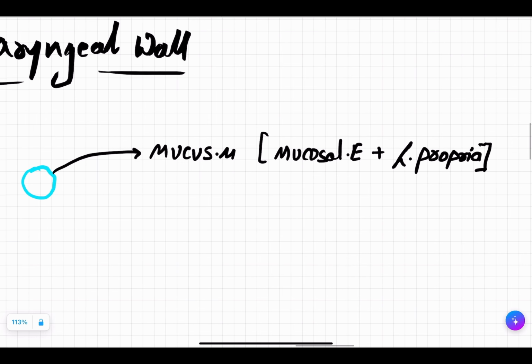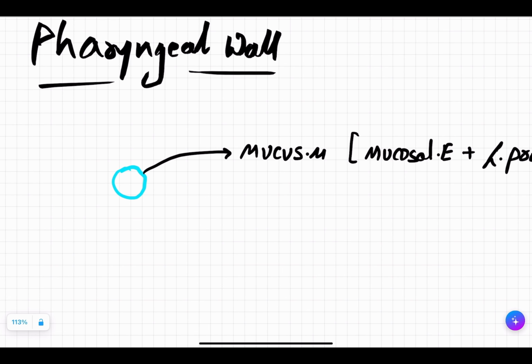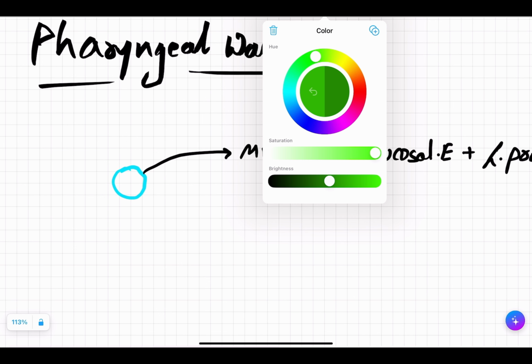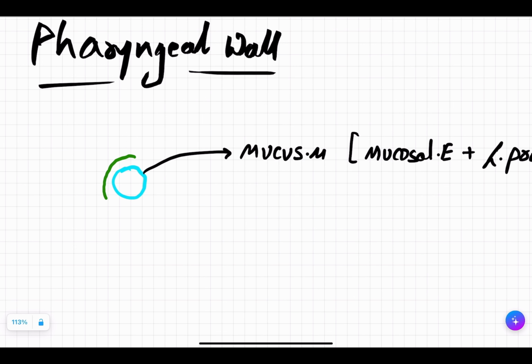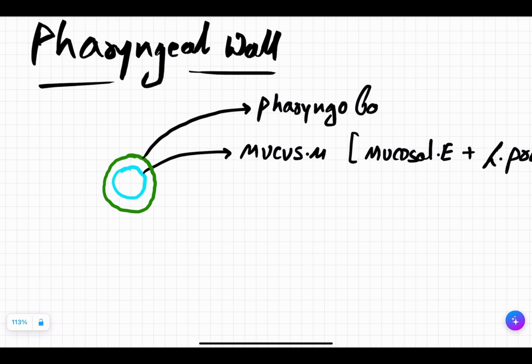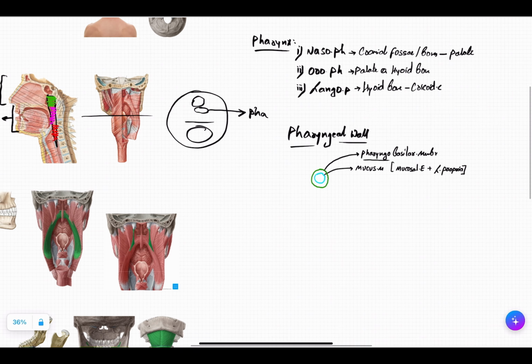Now we will have our second layer. What is the second layer here? Second layer is your pharyngobasilar membrane or the pharyngobasilar fascia. Don't worry, I will make you remember everything. Pharyngobasilar membrane. Why do we call it pharyngobasilar membrane? Because pharyngo means it is present inside the pharynx, and basilar means this is coming from the base of the skull.